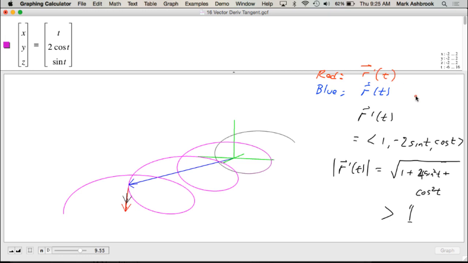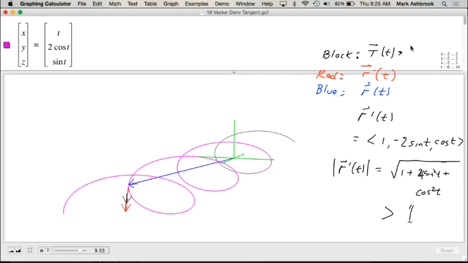Okay? So red is going to be the derivative, and then the black one is the unit tangent. What's the symbol for that? What did we say? Capital T. And to get that, just as a review of last time, the unit tangent vector is the unitized version of the derivative.